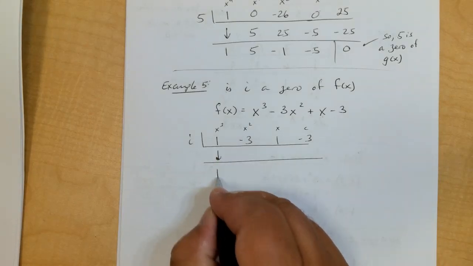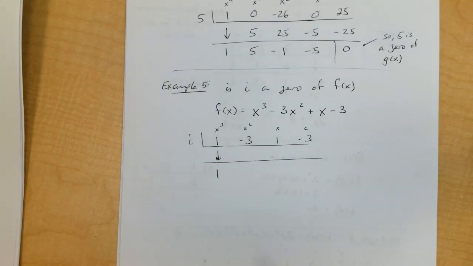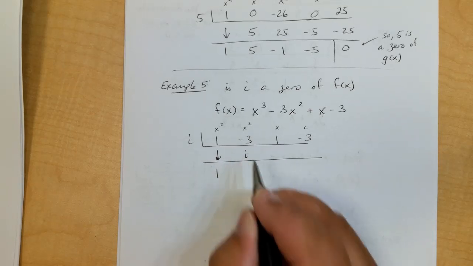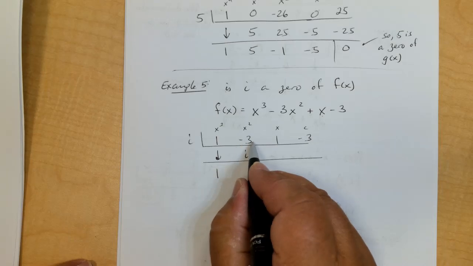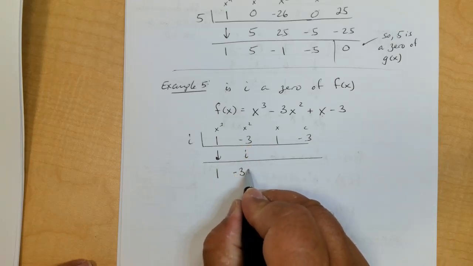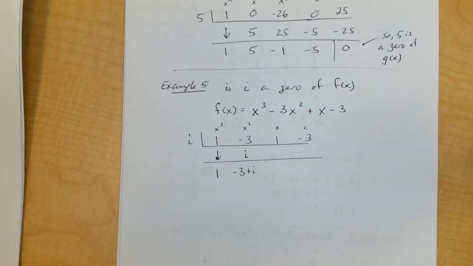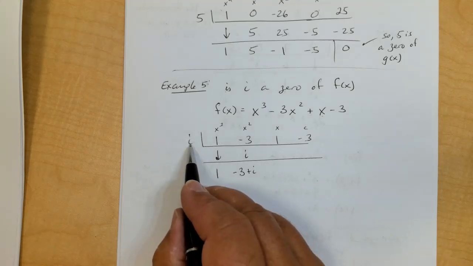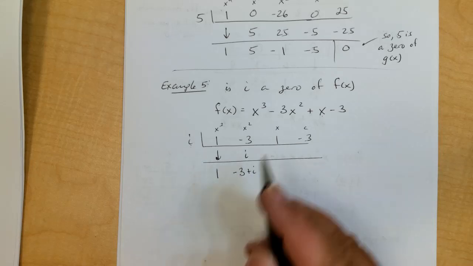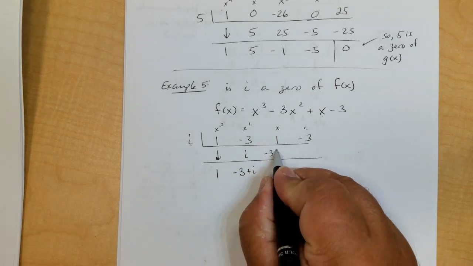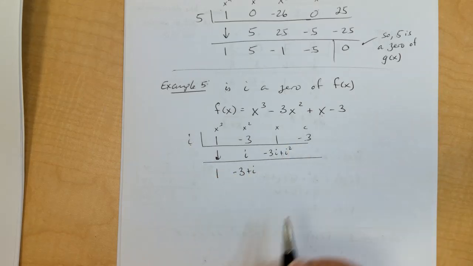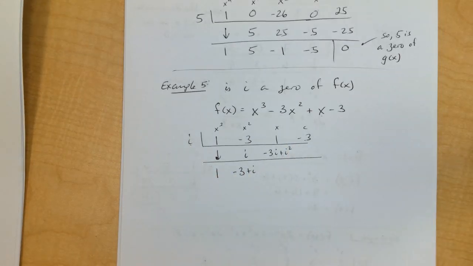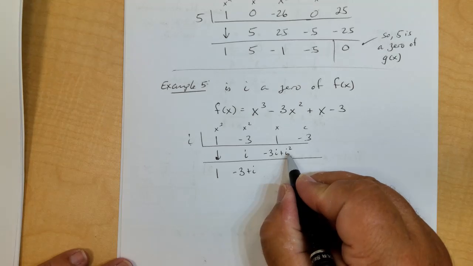Now the first term, 1 times i is i. Negative 3 plus i is negative 3 plus i. Then i times negative 3 plus i. So i times negative 3 is negative 3i, plus i times i is i squared. Remember, i squared becomes what?